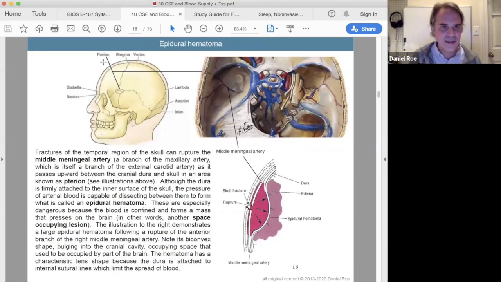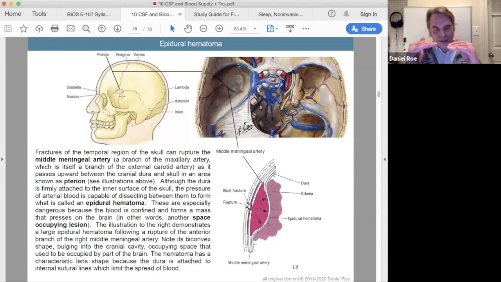In fact, this is the start of it. So we have the frontal bone, just like the frontal lobe, parietal, occipital, and temporal. Here's the frontal bone, parietal bone, occipital bone, and the temporal bone. Where all these bones meet right here, you have a spot that we call pterion. It's labeled right there, pterion.